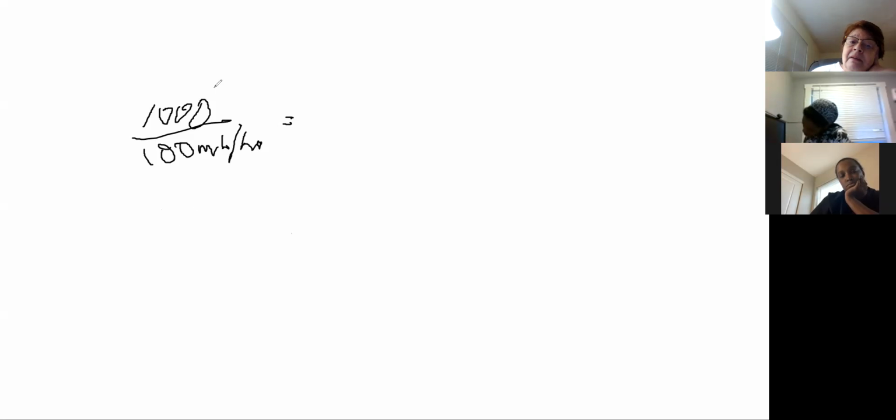This is milliliters, this is milliliters. We're going to cross that off, and when we divide those, we're going to end up with our hours, right? So 1,000 divided by 100 is 10. 10 hours, right?